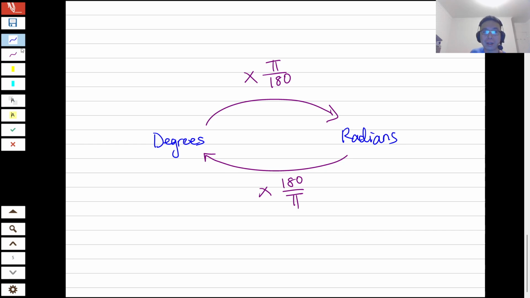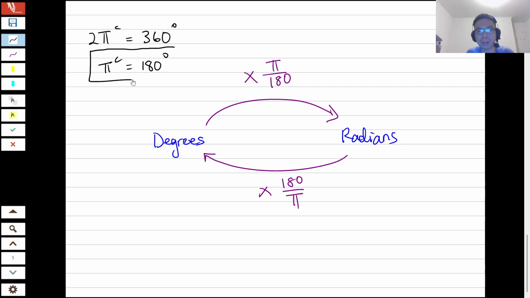Since we know this definition, 2 pi radians is 360 degrees, or pi radians is 180 degrees. So if you have this fact memorized, you can always rederive this relationship in the future.